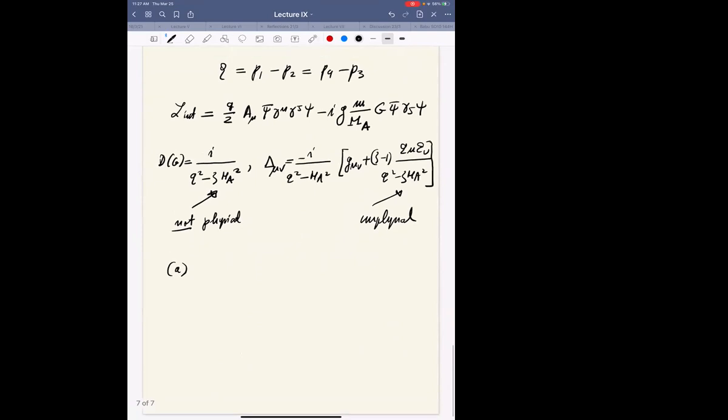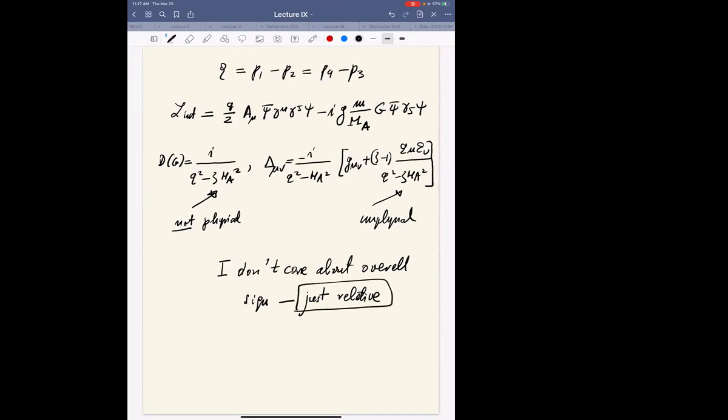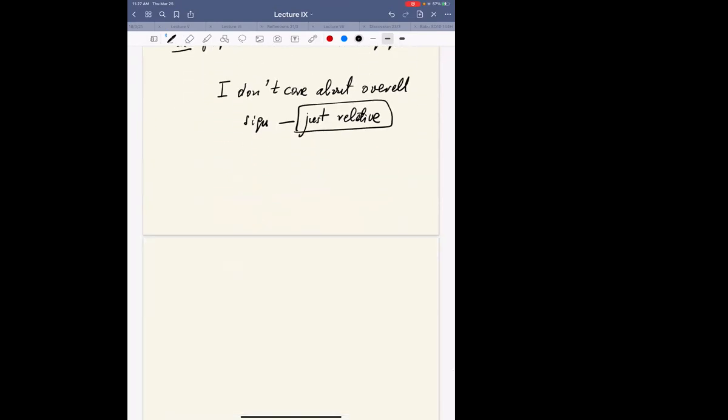I'm going to be cavalier. If you do, you will check it. Just relative. I want to see what happens when I add up A and B.